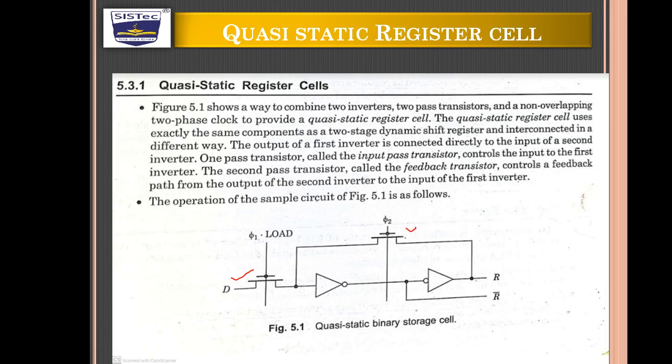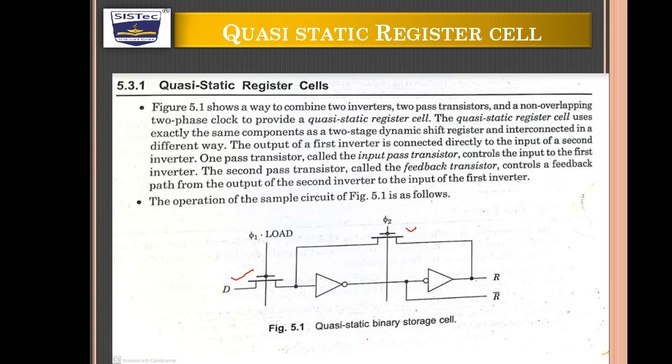We can see clearly that the input pass transistor controls the input to the first inverter, and the second pass transistor, the feedback transistor, controls a feedback path from the output of the second inverter to the input of the first inverter.